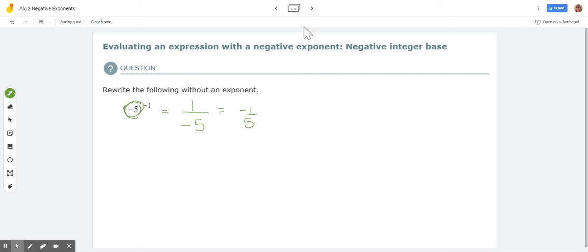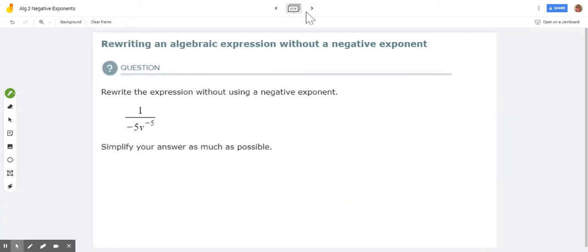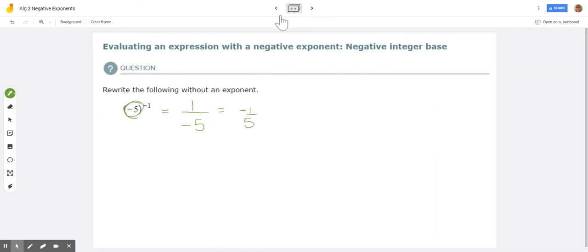If you had -3 to the -2, that's just 1 over (-3) squared, keep it in parentheses, which is 1/9. Always remember to keep your bases in parentheses so you don't mess up.